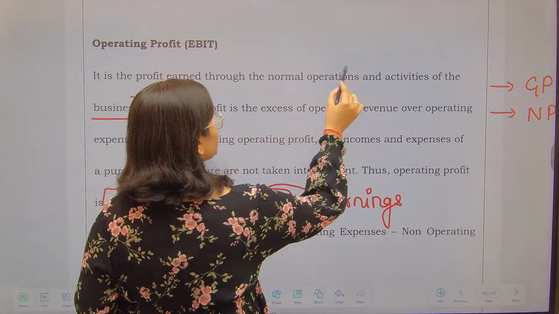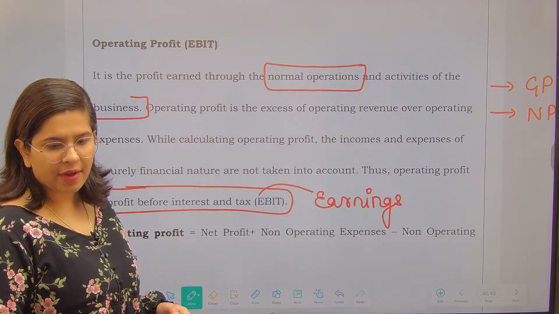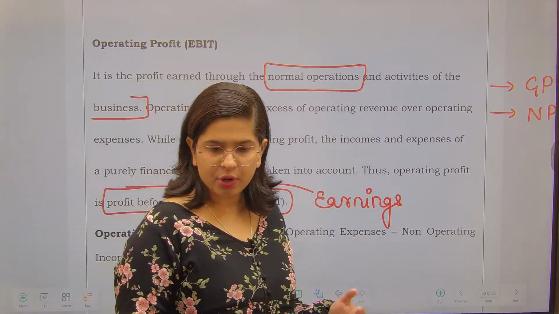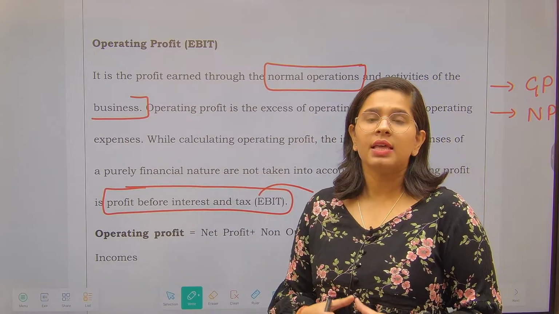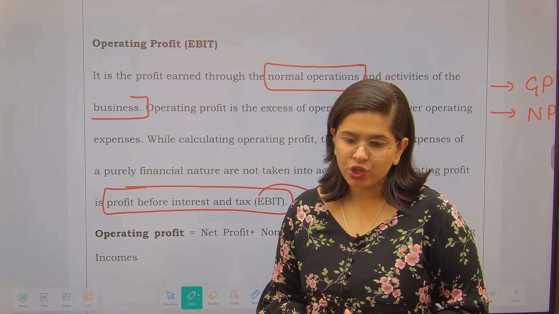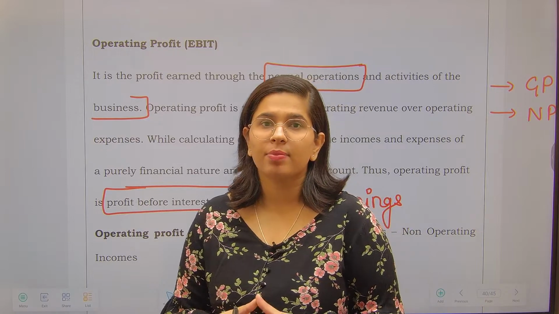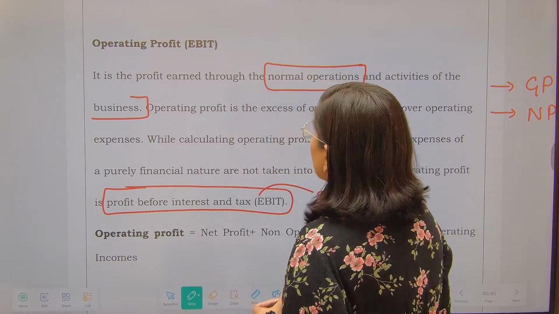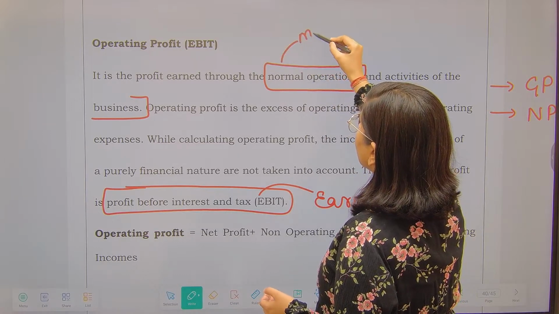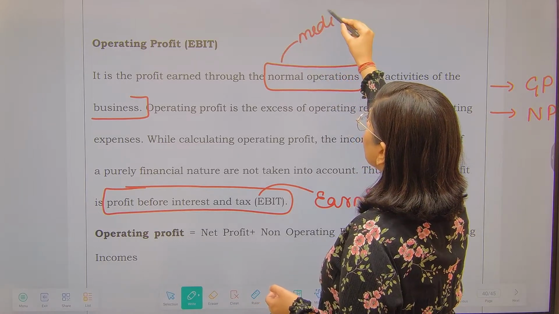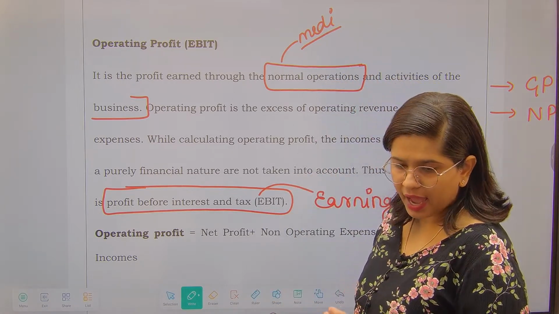What is the meaning of normal operations and activities? I have told this so many times: normal activities means the objective for which your business is established. I repeat, the objective for which your business is established. Suppose you are into the manufacturing of medicines, then whatever amount you earn from the business of medicines will be called your operating activity.